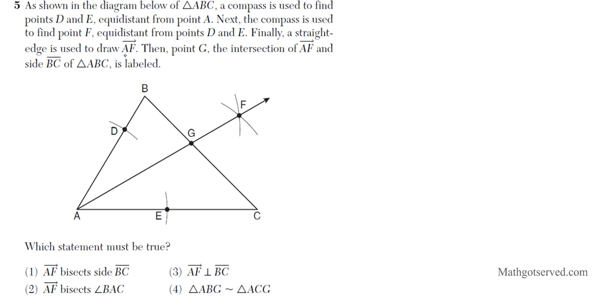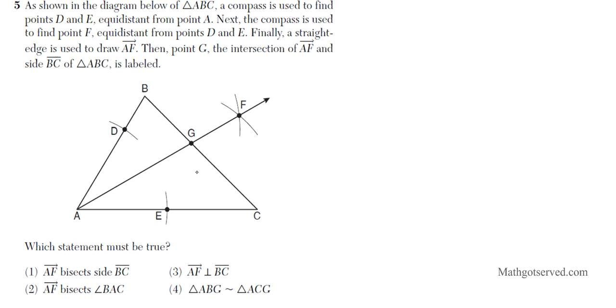Finally, a straight edge is used to draw AF. The point G, the intersection of AF and side BC of triangle ABC, is labeled. Okay, so which of the following statements is true?